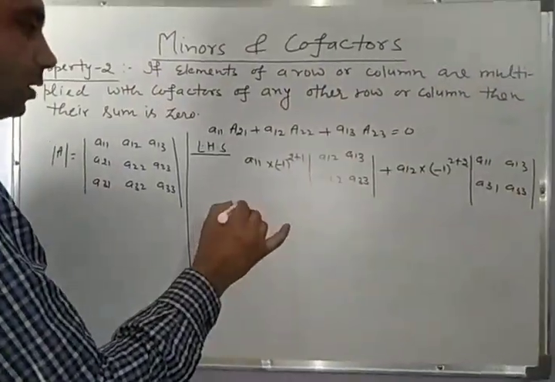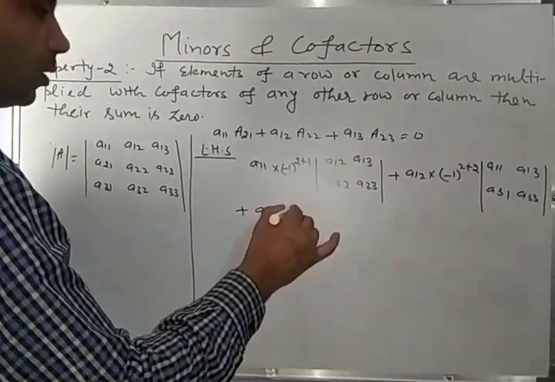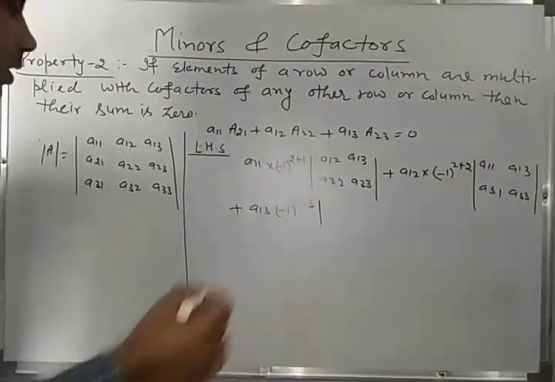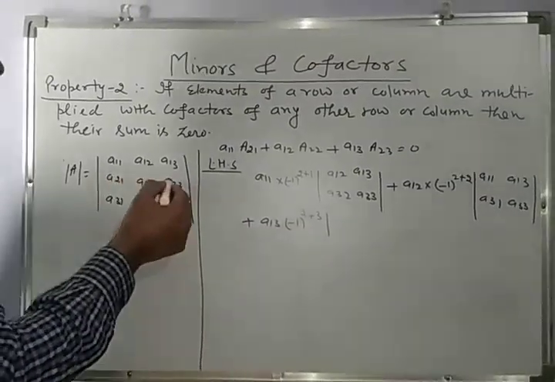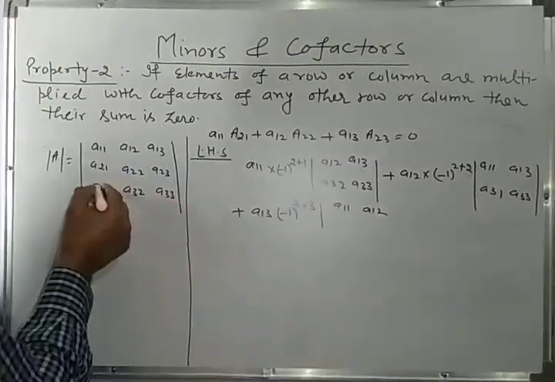Again plus A13 and the cofactor of A23, which is minus 1 to the power 2 plus 3 multiplied with the determinant A11, A12, A31, A32.